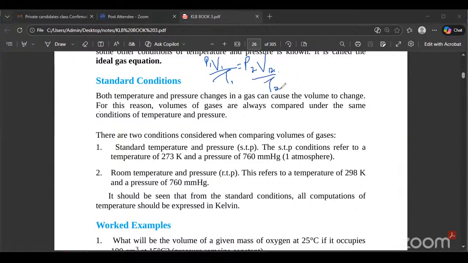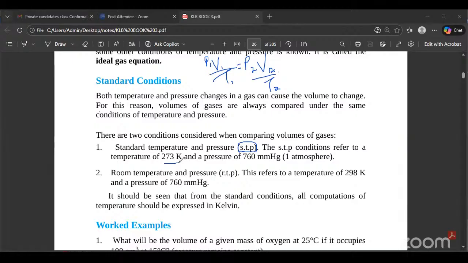So the combined gas law is this one. Now for the ideal gas equations, we have two conditions that are normally used. The standard conditions is what we call the STP, which is the standard temperature and pressure, and the conditions are now 273 Kelvin.